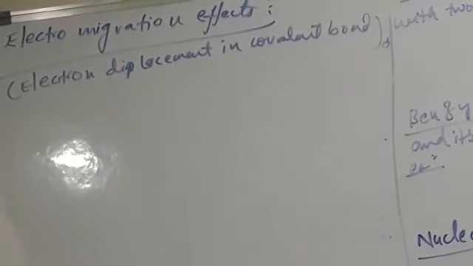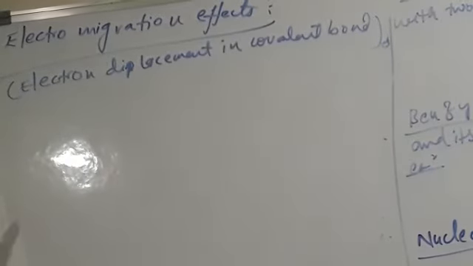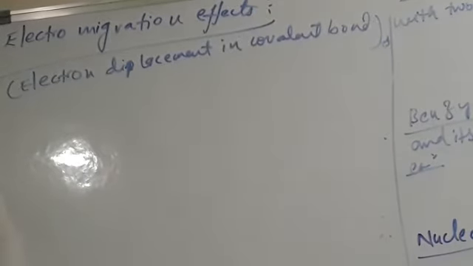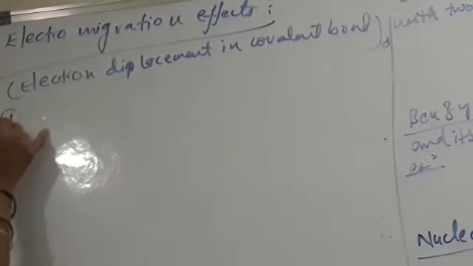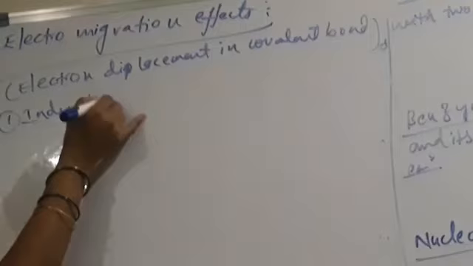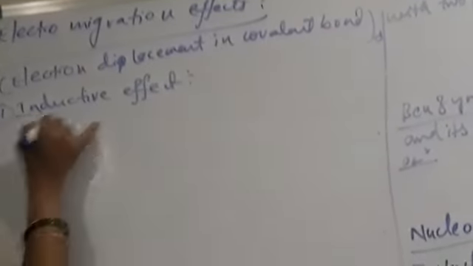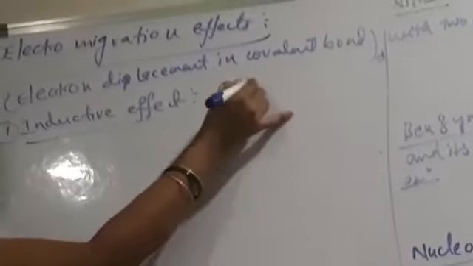So first, coming to the inductive effect. The first migration effect is the inductive effect, which is represented with I. It is also called the I effect.